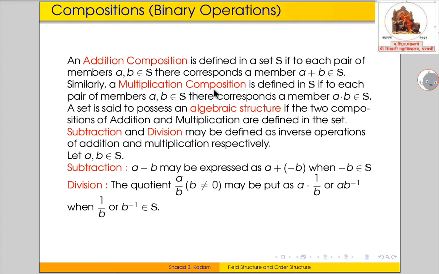This multiplication composition, or binary operation, maps an ordered pair A comma B in the set S to the element A into B in the set S.